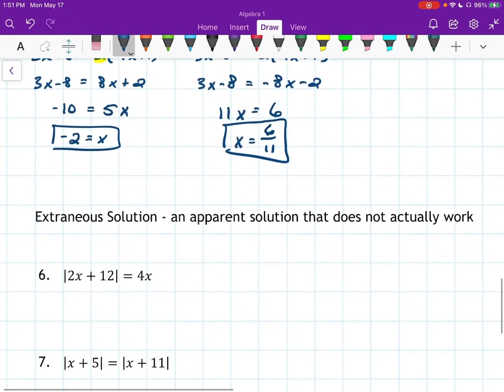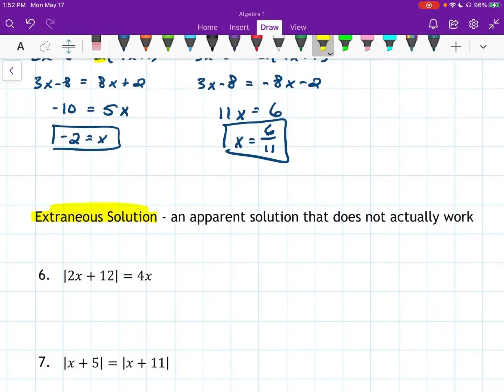Next up, an extraneous solution. And this is something that's going to stay around for a while. An extraneous solution is when the equation somehow breaks while you're getting your answer. It breaks in a way that it gives you an answer that isn't actually an answer, so that if you plug back in, you'll find that that never happened. That was a bad answer.